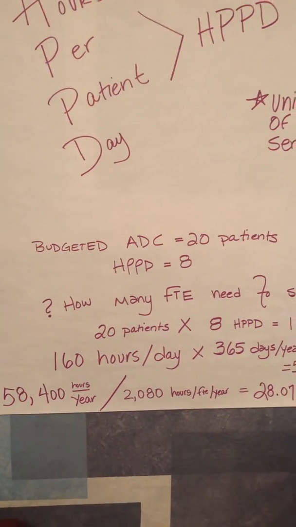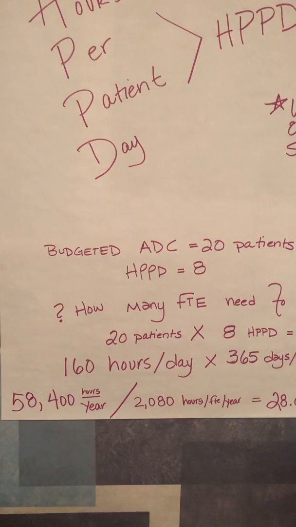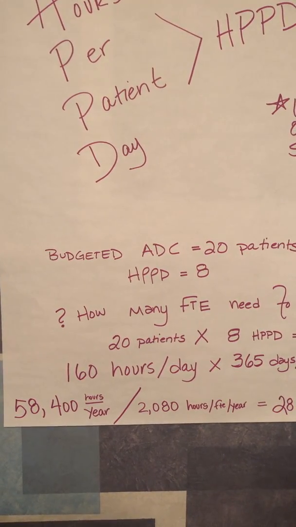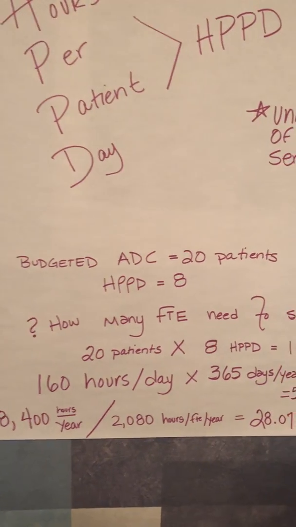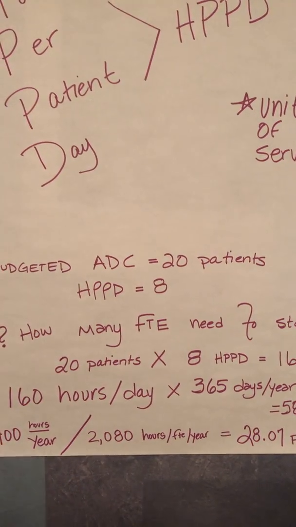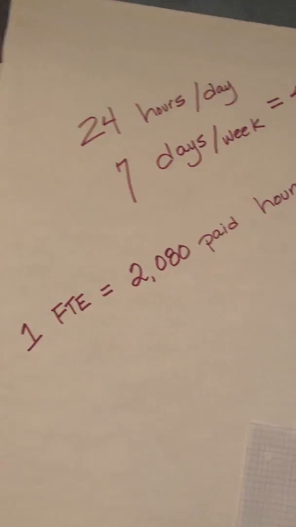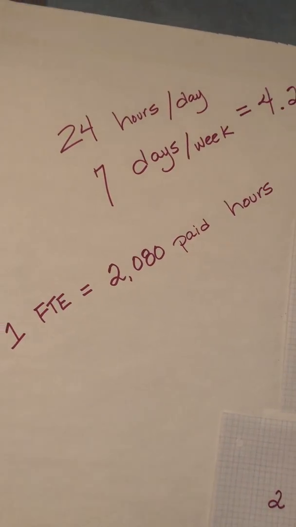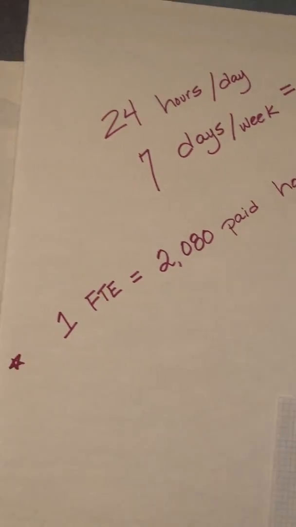How many FTEs do you need though? So to figure out FTEs, you would take that 58,400 hours per year and divide it by 2,080, because one FTE equals 2,080 paid hours every year.